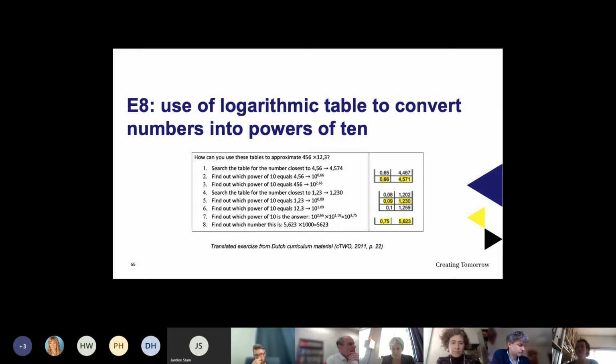And this is from the C2 material again, where they were using logarithmic tables to get acquainted with the concept of logarithms. So these are just some examples. I realize I showed them quickly, but it's getting close to 5:30.